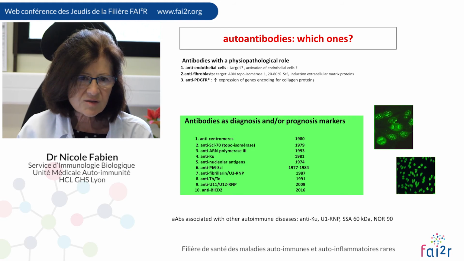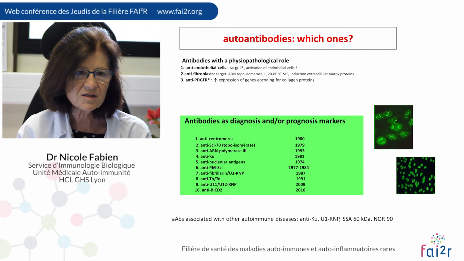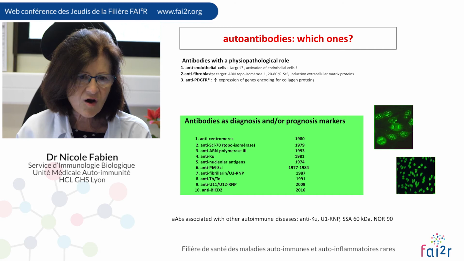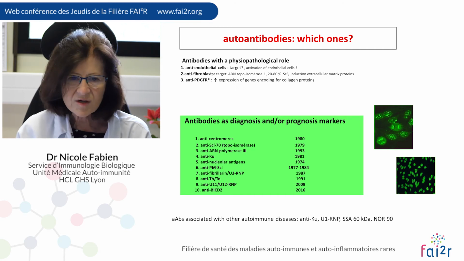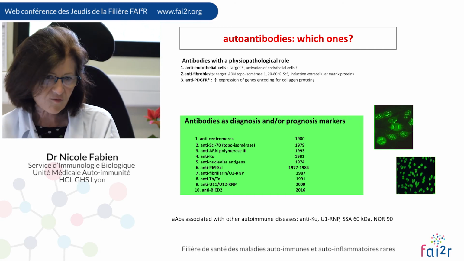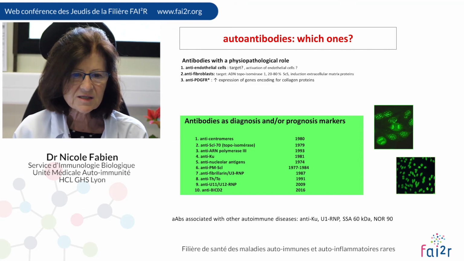Besides the antibodies with a pathophysiological role, such as anti-endothelial cells, anti-fibroblasts, and anti-PDGF receptor, we show here that you have a huge amount of other antibodies which could be very useful in the diagnosis and prognosis of this disease.